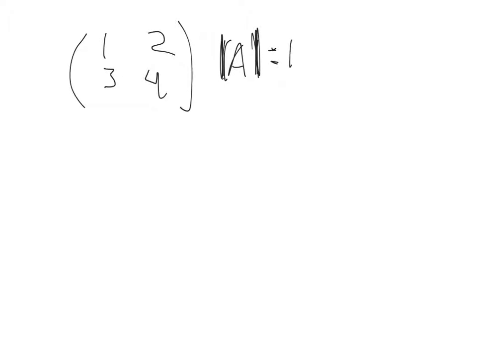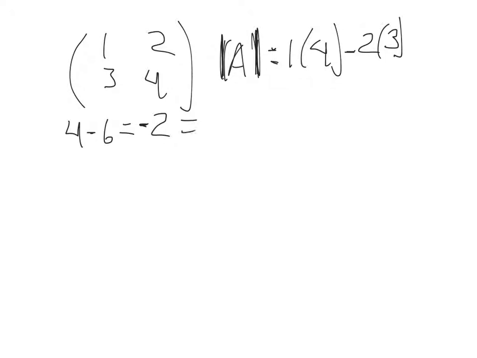It's going to be 1 times 4 minus 2 times 3, and that's going to be 4 minus 6 or minus 2. Okay, so our determinant is minus 2. Now, even though that looks like absolute value bars, it is not absolute value. You just take what you get and leave it, okay?